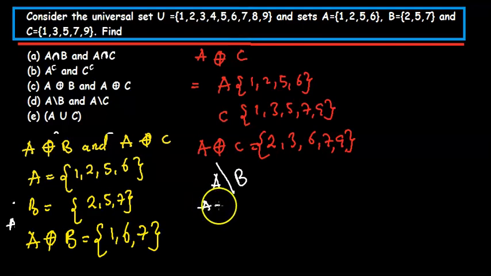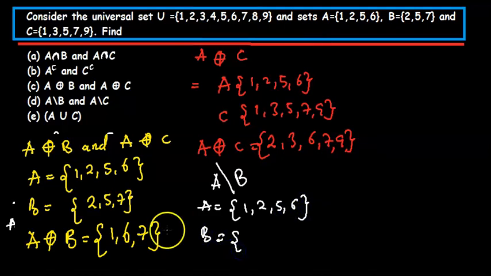Let's say our A here is 1, 2, 5, and 6. And set B is 2, 5, and 7. And you have to find the difference. I will repeat. We said the set difference of A and B contains elements that are in A but not in B. Which elements do we have in A but not in B?